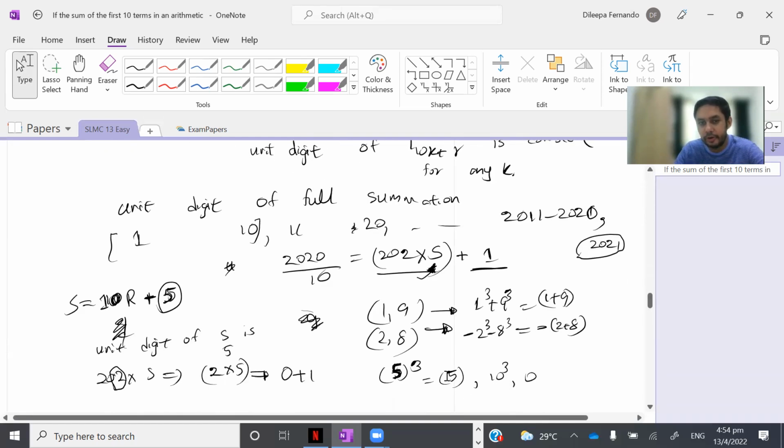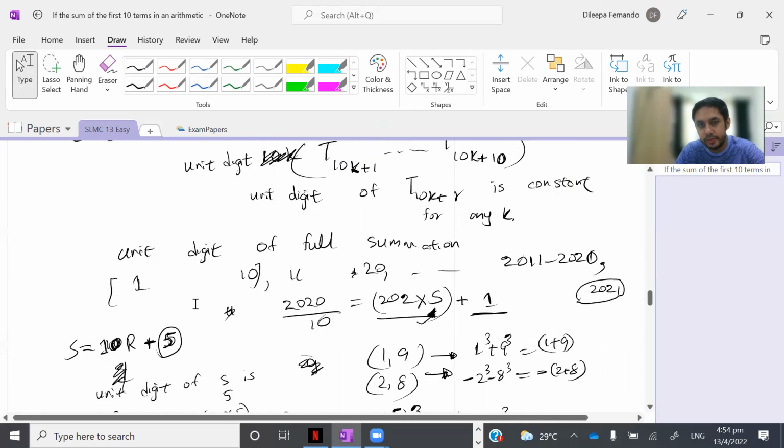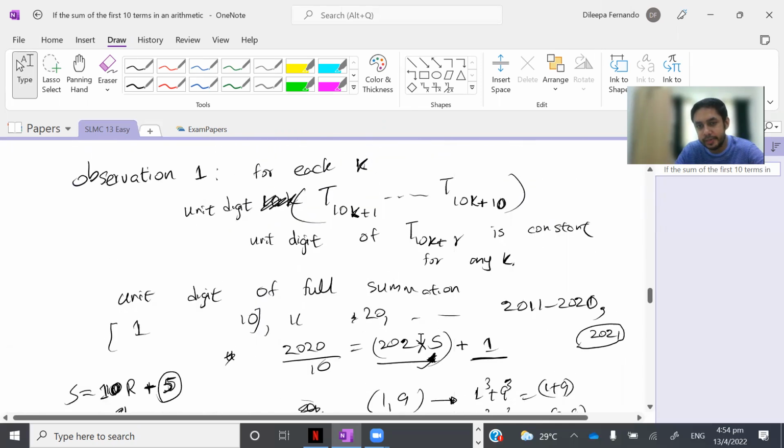And then we found the unit digit of 5 to the power 3 as 5, and then we figured out that this is the unit digit of s, which is 5. So we substituted 5 here, and this is the product. So the unit digit of this product is 2 into 5, which is 10, that means 0.